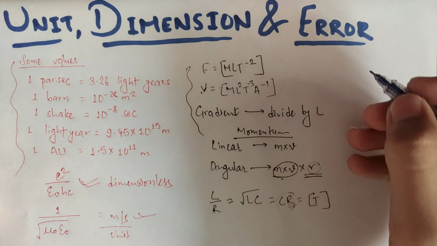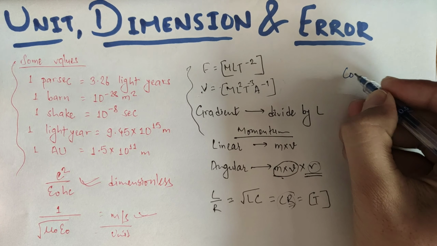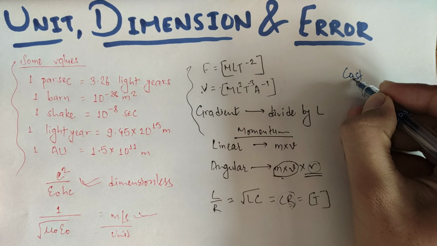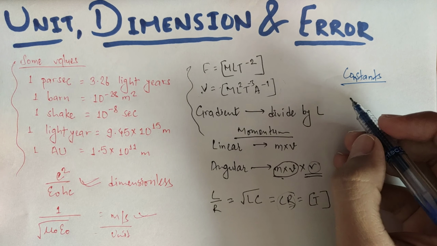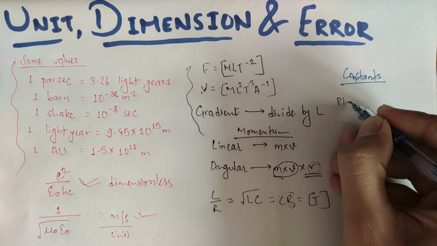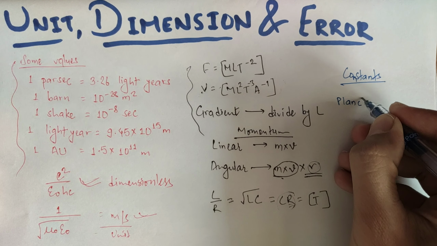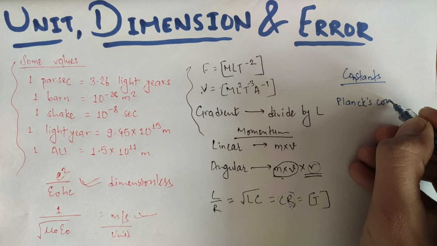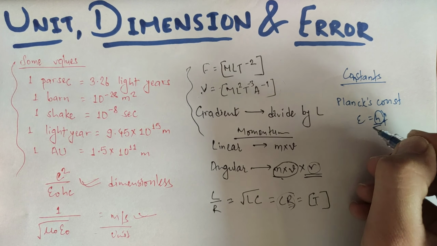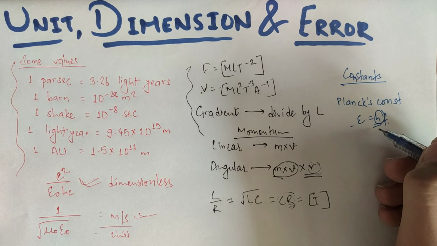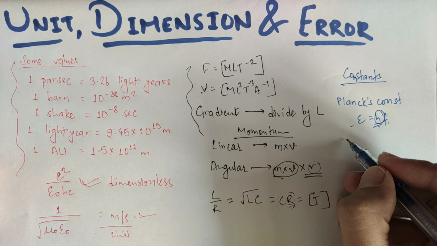You need to learn some dimensions of constants. So let's start with Planck's constant. Planck's constant: E is equal to hf. From energy and frequency, you can find Planck's constant.